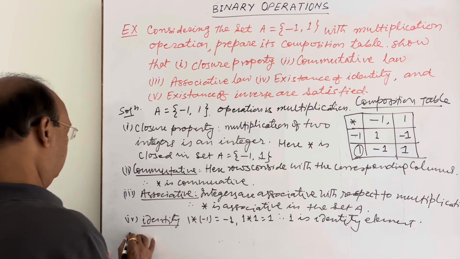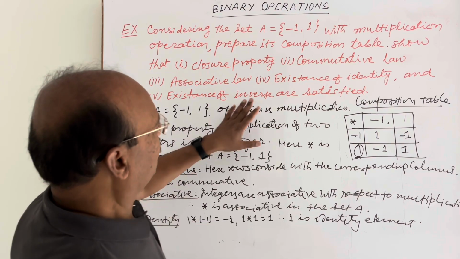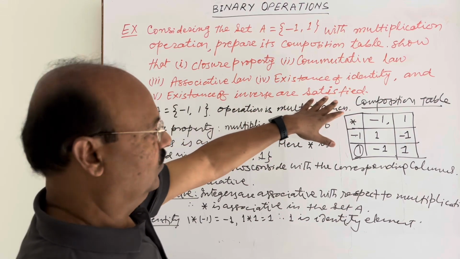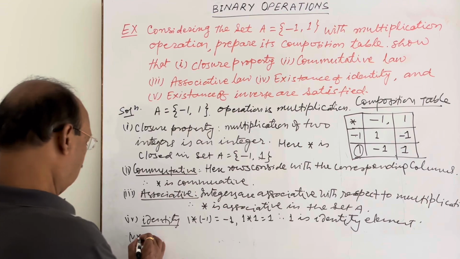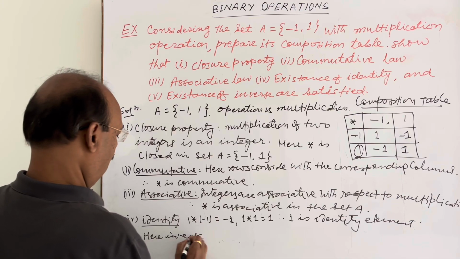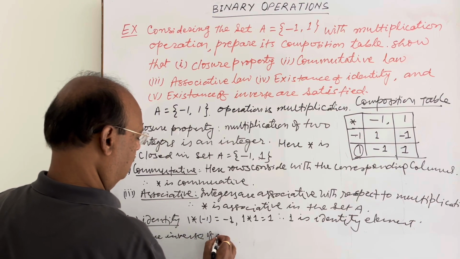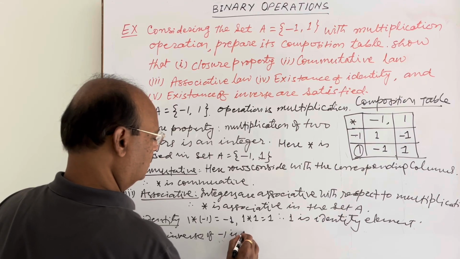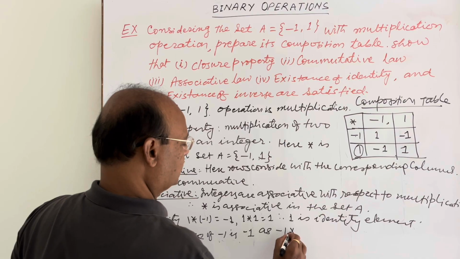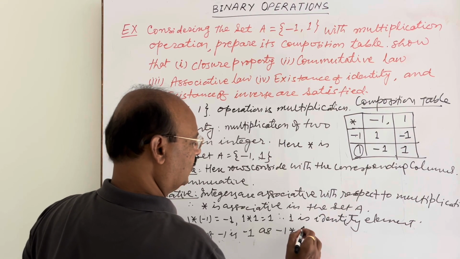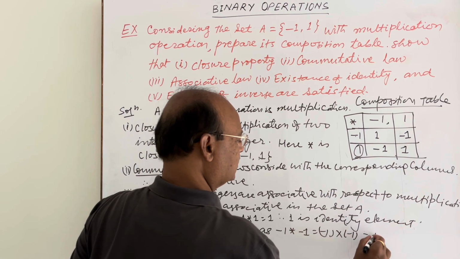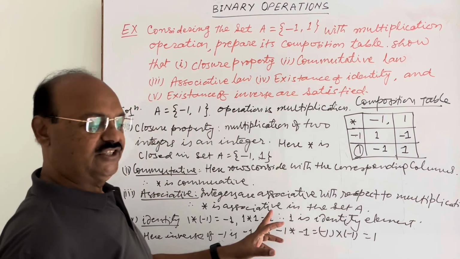Now last we have to find the inverse. We have to show the existence of inverse. So here the inverse of -1 is -1 itself, as -1 operation -1, that is -1 into -1, is equal to 1. 1 is the identity element.